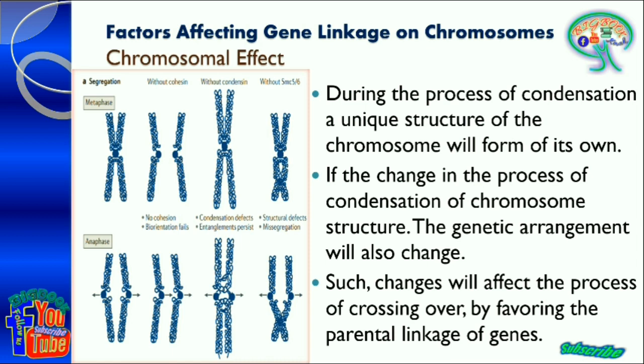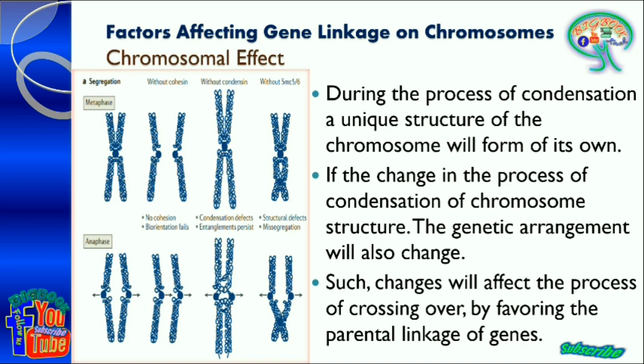So what will happen? There can be a difference in the arrangement of the structure of the chromosome within the packaging stage. Because of that, there can be a difference in the crossing over. So there can be chances that even linked genes can take part in crossing over. That is what they are trying to describe, just to make the understanding.